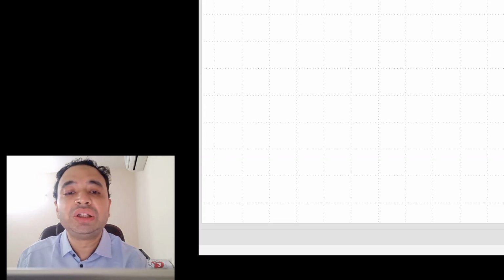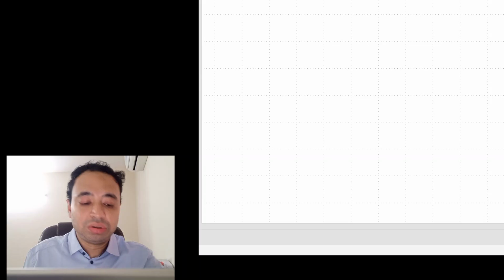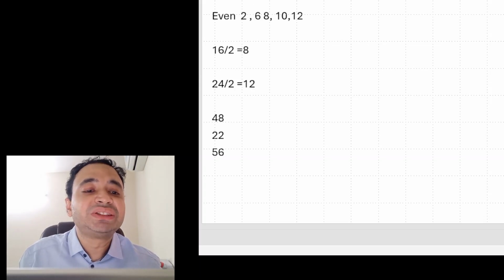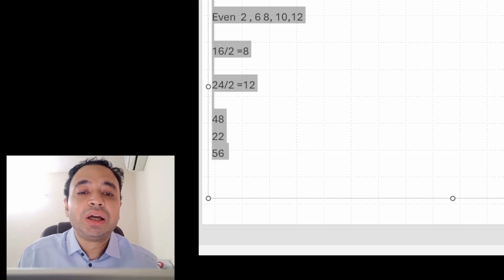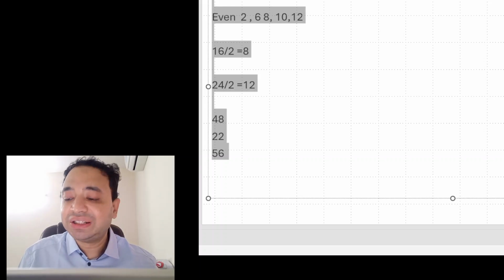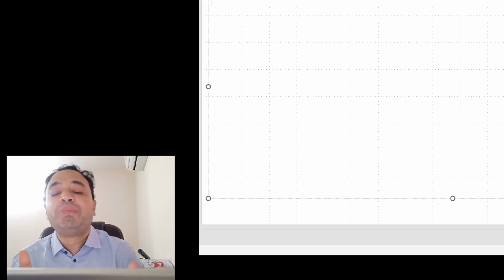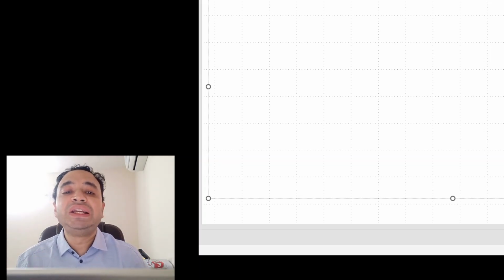So moving on to the odd numbers now. When it is divided by 2, it leaves a remainder. It cannot be equally divided by 2. It will anyhow leave a remainder.